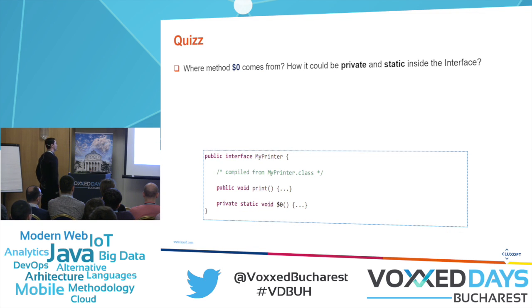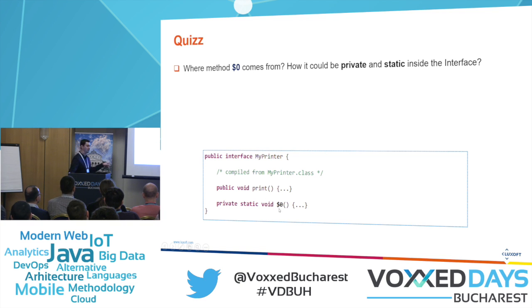Another quiz for you. We had initially this interface, my printer interface. I compiled and disassembled the code, and if we look over the disassembled code, I can spot that it has two methods, mainly the print method and another method.